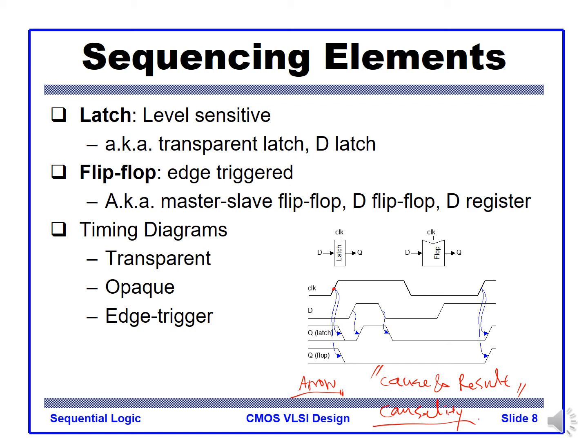For example, for the rising edge flip-flop, by the action of the rising edge shown in here, the output changes, right? Rising edge happens, and the output changes. For the D latch, the clock doesn't change.